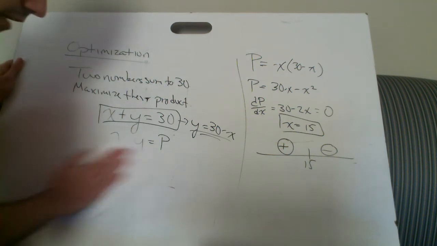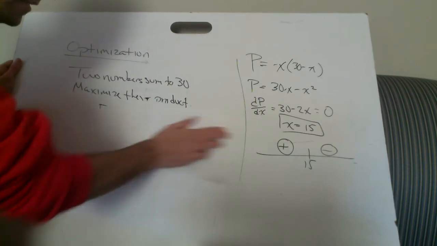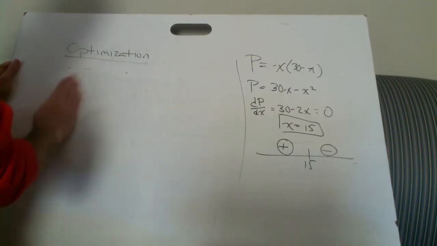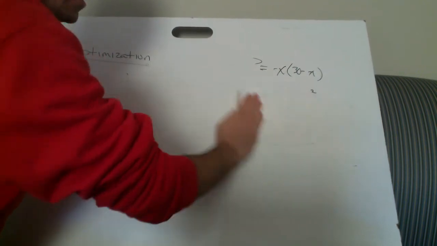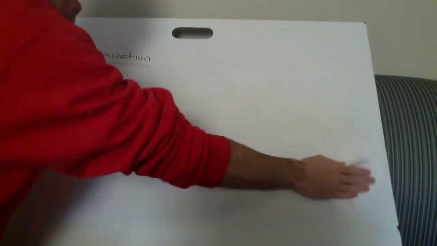I'll put up another example here. This second example is going to be a little bit more involved and still just purely math. And then after this next example, we'll jump into some more real-world context examples. So you can follow along with this problem if you'd like. It's number 6 in your textbook in the optimization section.